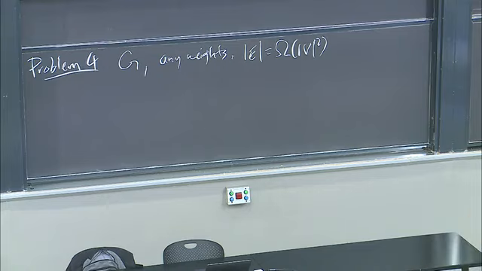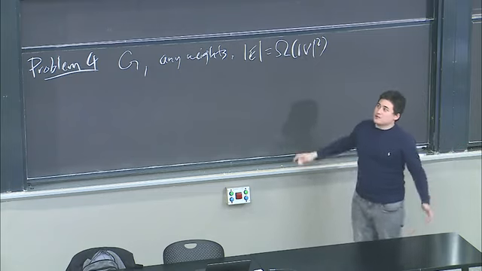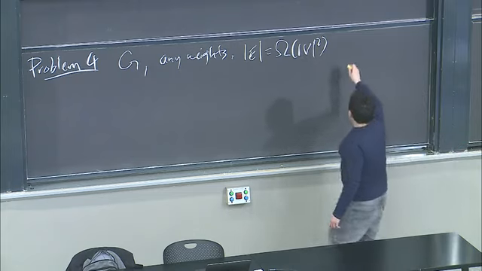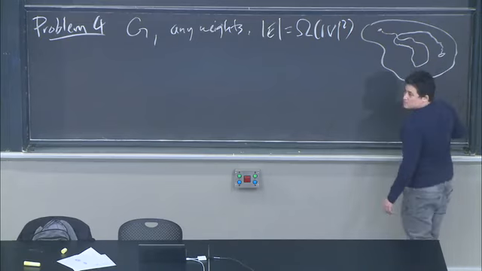The worst thing I could do is have this be quadratic in the number of vertices, say if it's the complete graph. That's the maximum number of edges that I could have. And I'm trying to find in my graph a path that uses a lot of vertices, but has small weight.